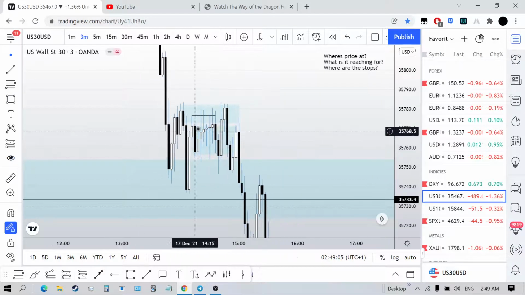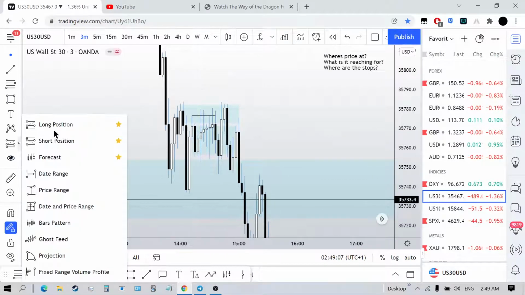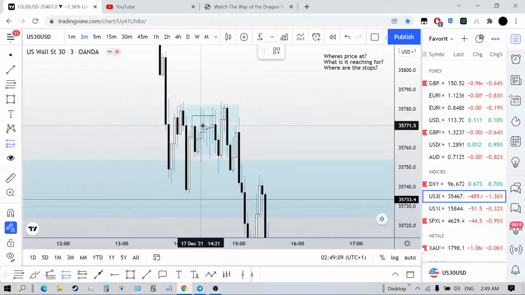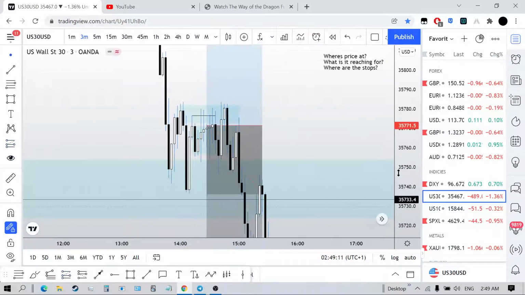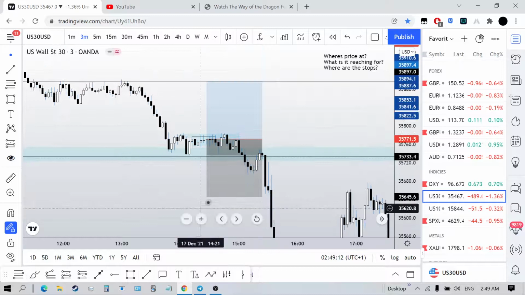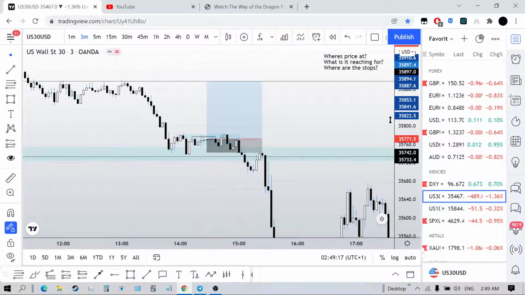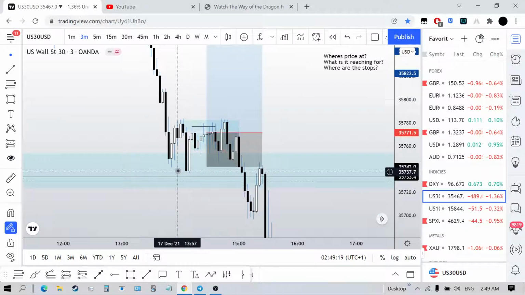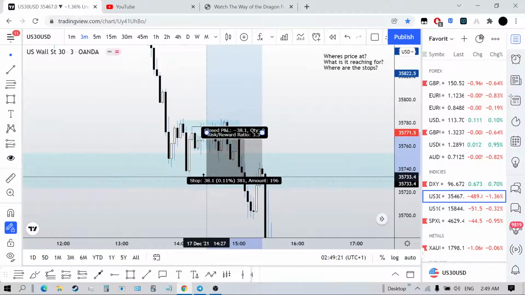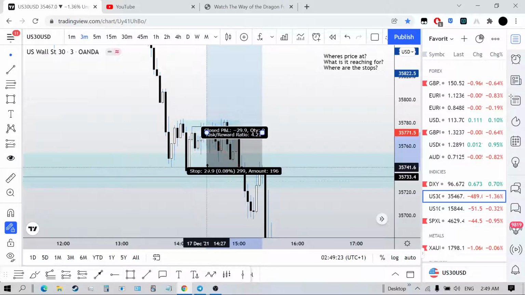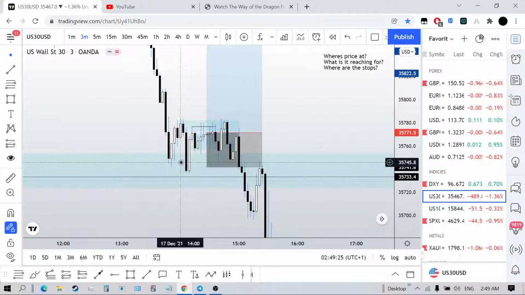You see how the 3 minute made this down candle right here. So I was looking inside of here. Once it broke and came back inside of here, I just entered with my stops just below, like that. It wasn't below the protected low down here. It was something like that on the rejection right here.